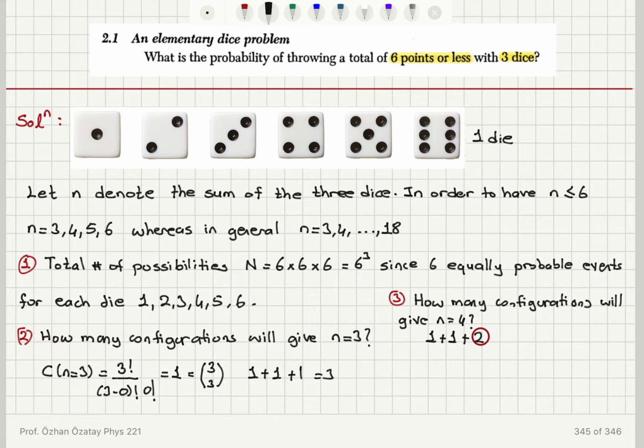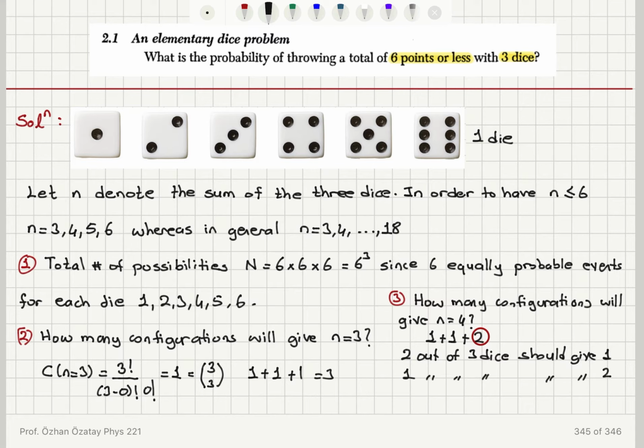So basically I'm picking 1 out of 3 dice to assign to it the number 2. So I can say that this is basically saying 2 out of 3 dice should give 1, or 1 out of 3 dice should give 2.